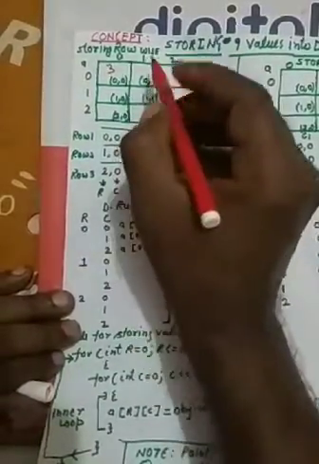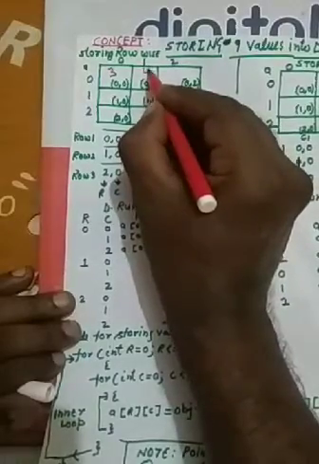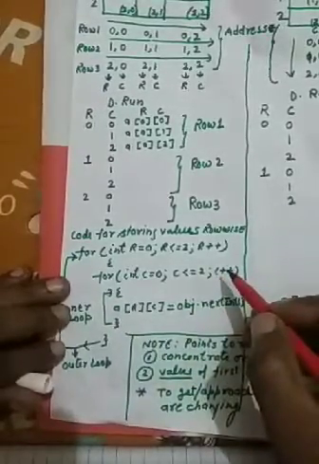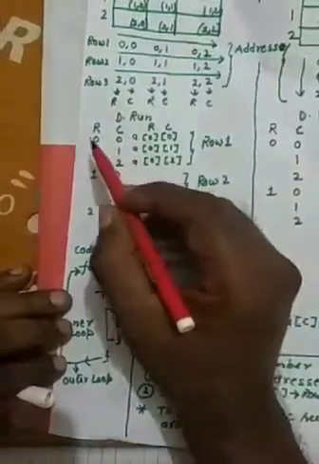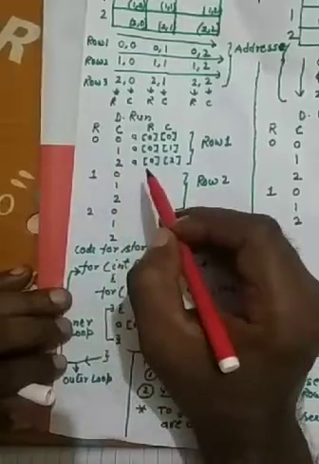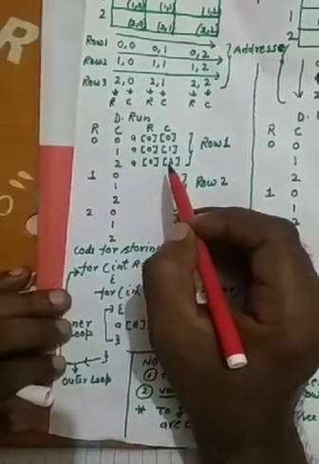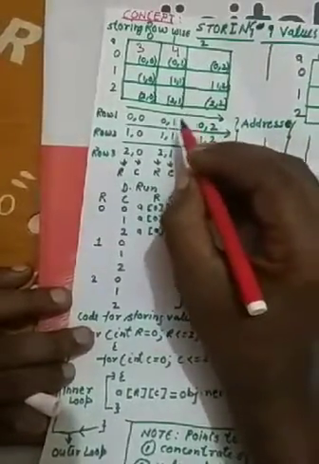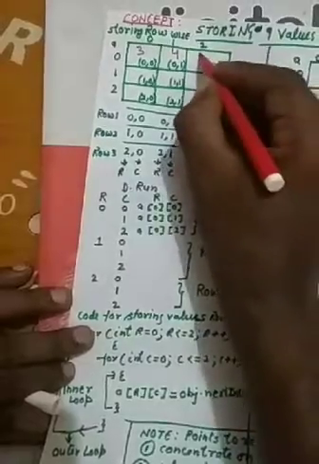Suppose the user gives 4. 4 will be stored here. Then again it will go here and take the value 2, so it is asking for A[0][2]. Suppose the user gives 1, so 1 will be stored here.